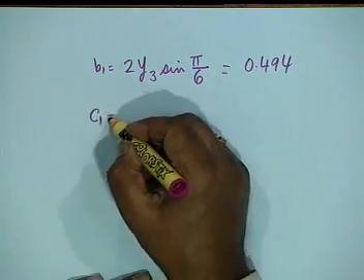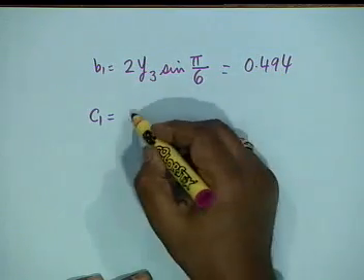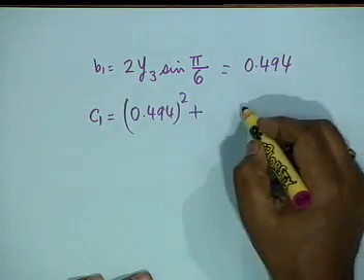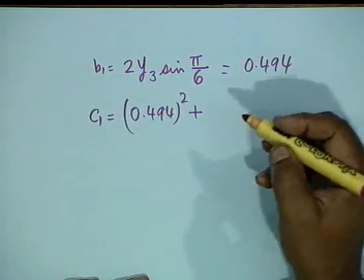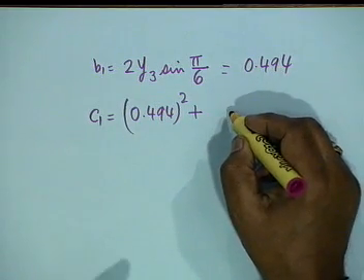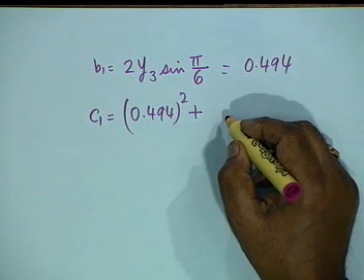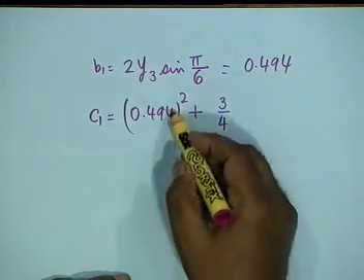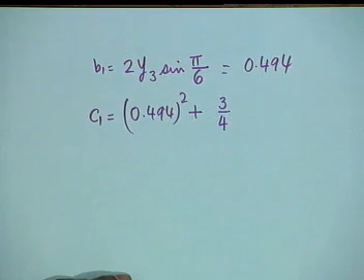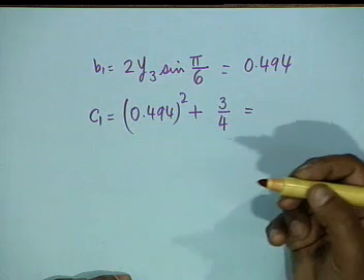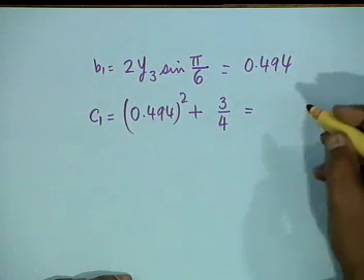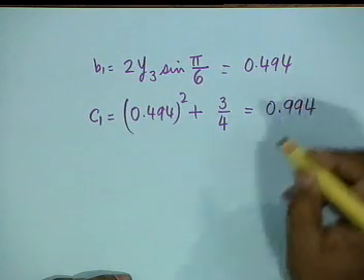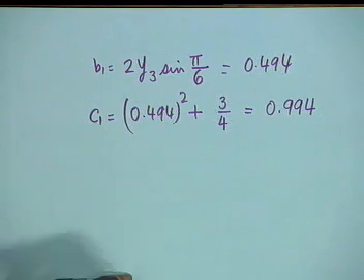And c1 is y3 squared, 0.494 squared, plus cosine squared pi by 6. How much is that? Cosine pi by 6 is root 3 by 2, so it would be 3 by 4. Since this is a fraction, 3 by 4 doesn't add any advantage, so you could as well write this as 0.75, and the result is 0.994. Very close to 1, but not exactly 1.